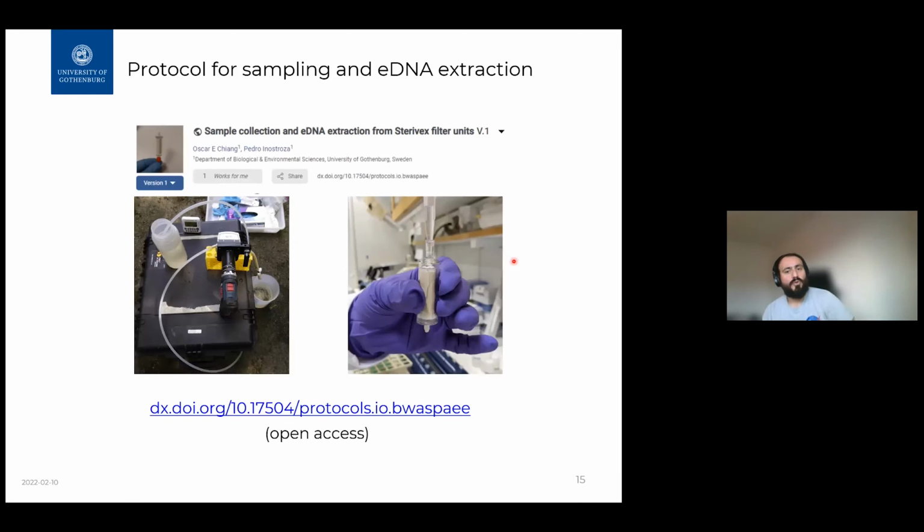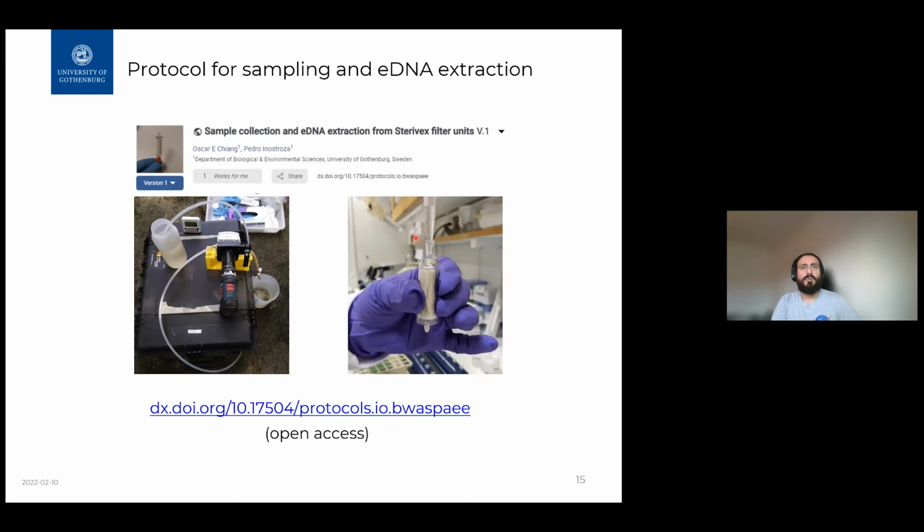I would like to highlight that we have made all our sampling and extraction protocols available online. They're open access. You are welcome to visit that link, and you will have a detailed explanation about instrument use when you want to sample water eDNA, and the protocols to extract the DNA from those filters in the picture.